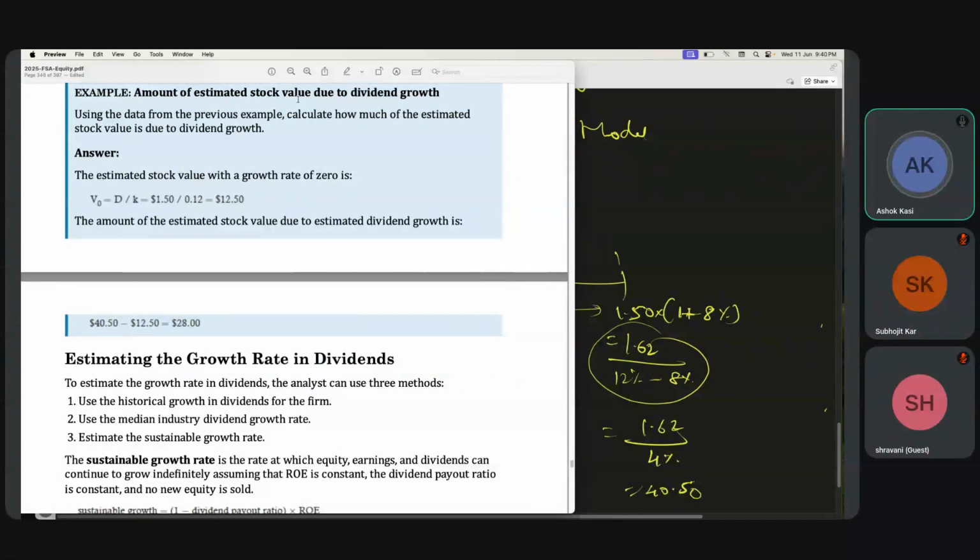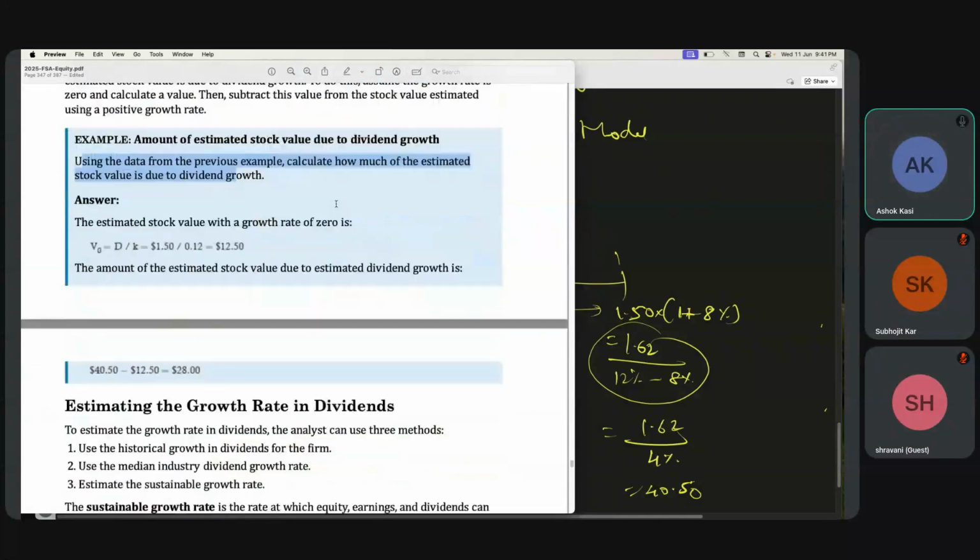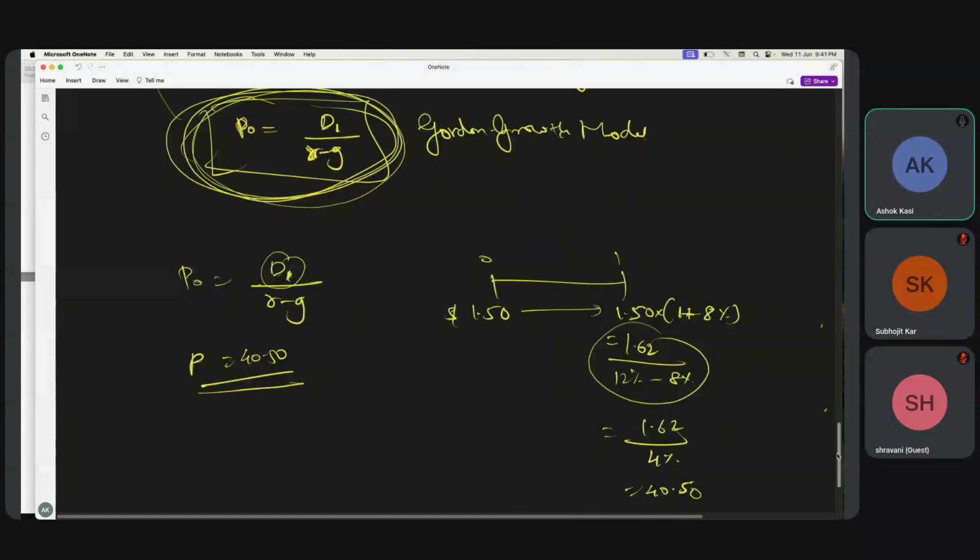The amount of estimated stock value due to dividend growth. Okay. Using the data from the previous example, calculate how much of the estimated stock value is due to dividend growth. Okay. How much is due to dividend growth? So the price is 40.50, correct? So 40.50.